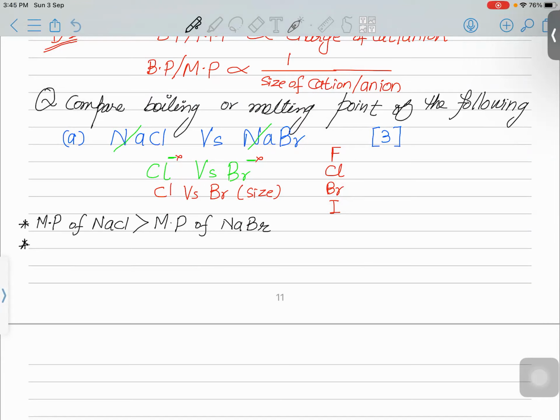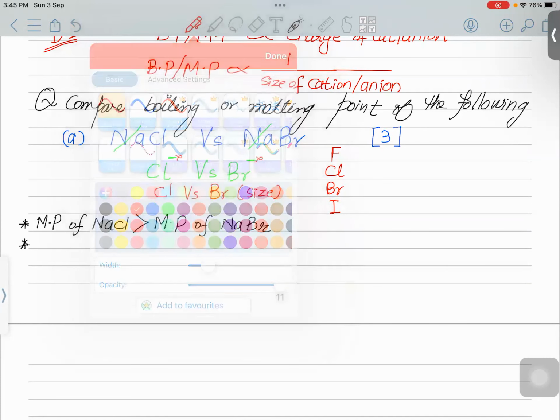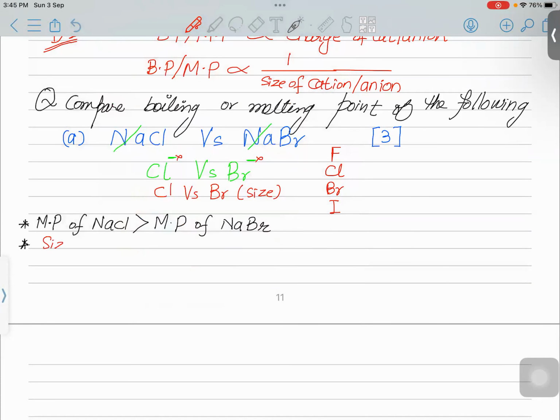Point number 2, the size of Cl minus is smaller than the size of Br minus.